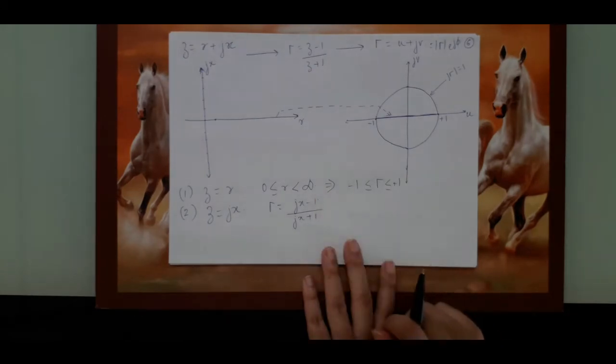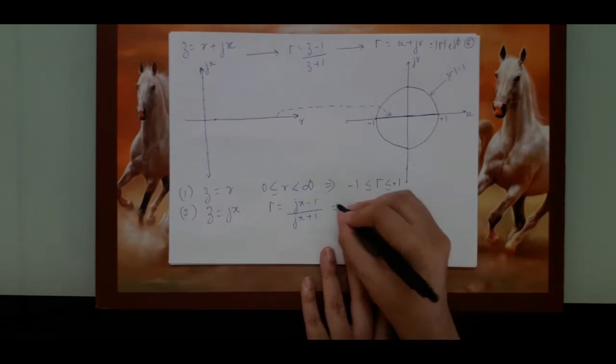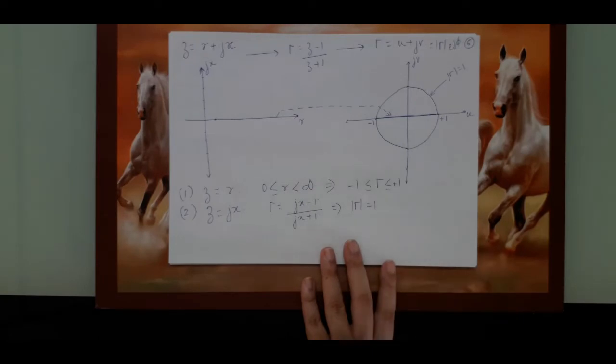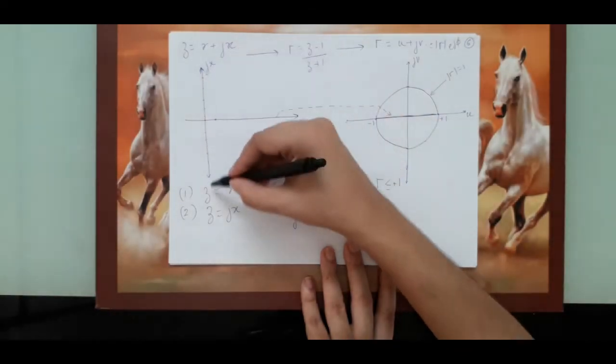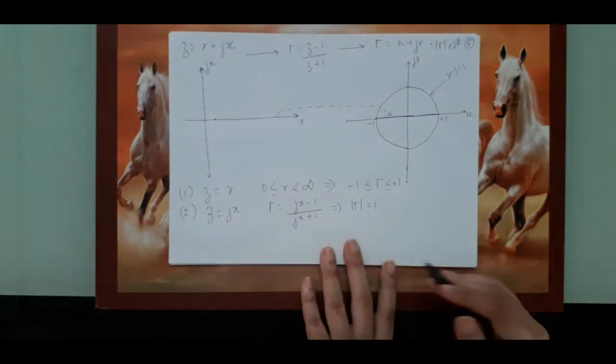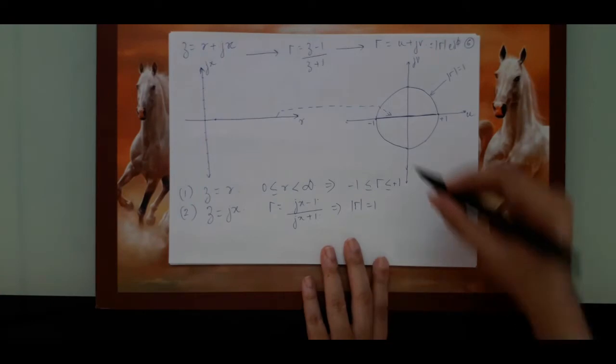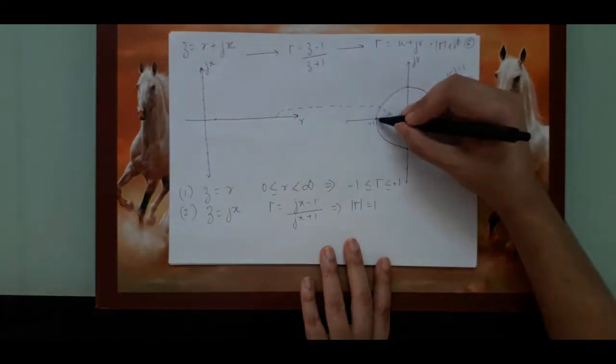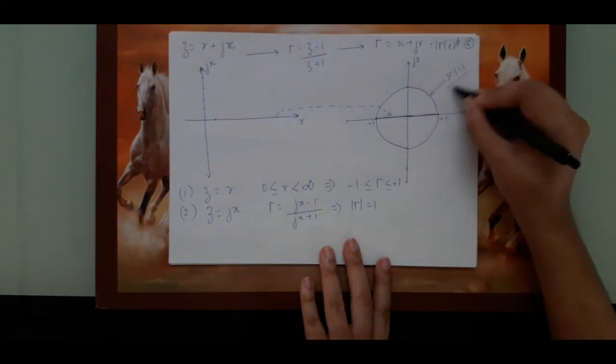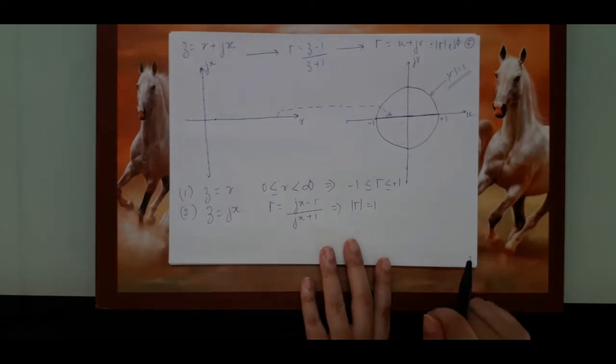Therefore, the ratio of the magnitudes will always be 1. That means if Z equals jX, then all those possible impedances will lie on the unit circle, mod gamma equal to 1.